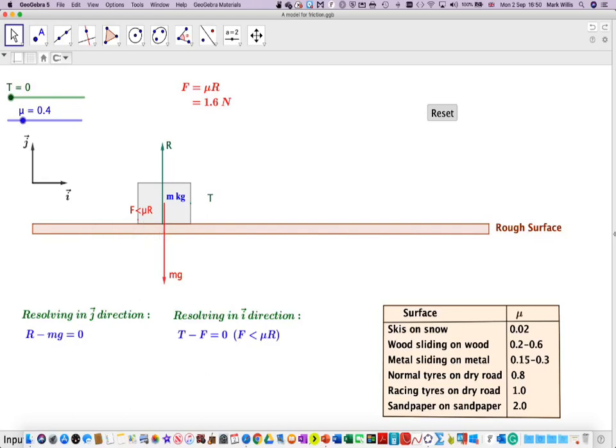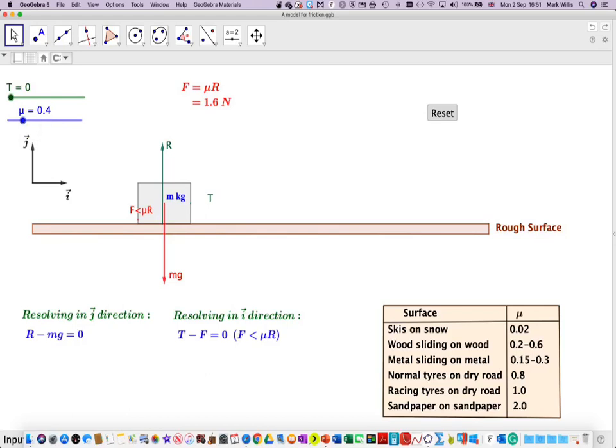And friction is also independent of the relative speed of the surfaces. The magnitude of the frictional force depends on the normal reaction here, which is called R, and a coefficient of friction, which at the moment is set to be 0.4. We use the Greek letter mu for this.